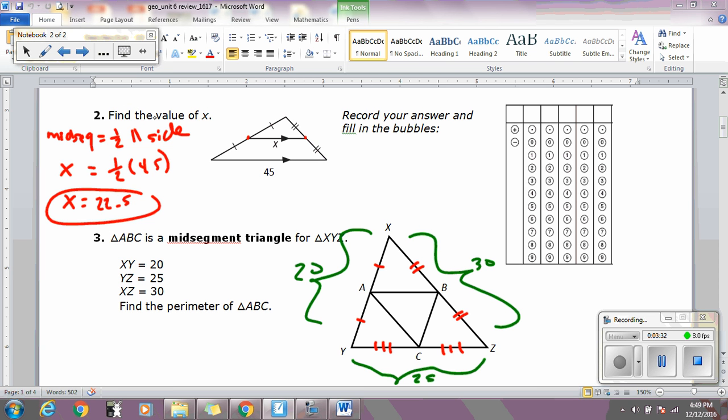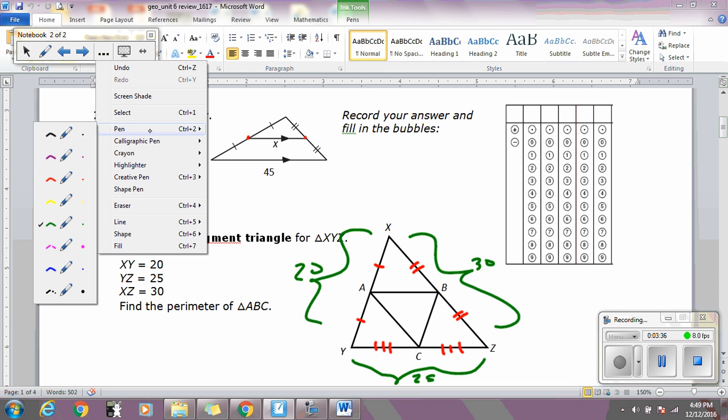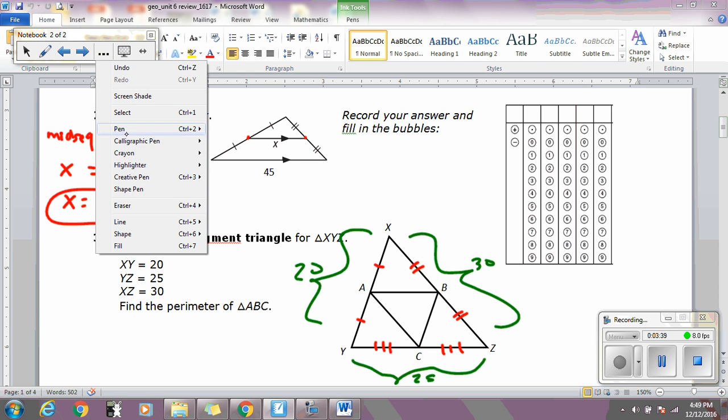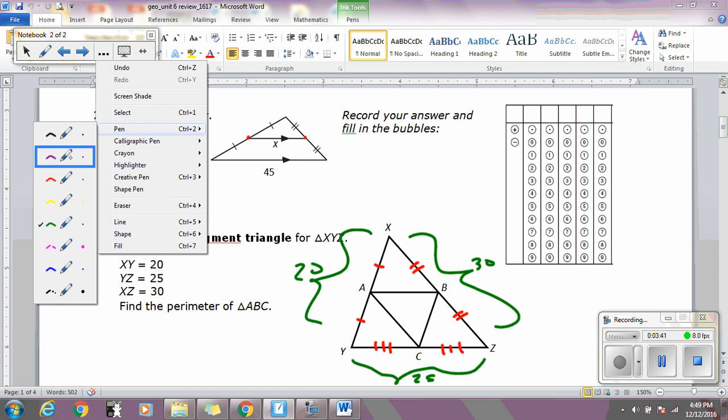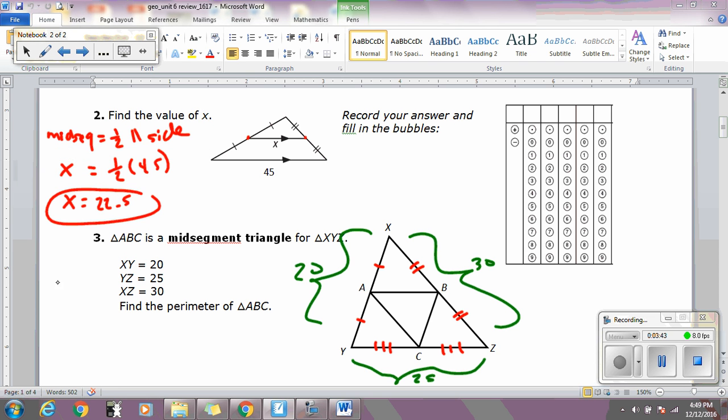It wants us to find the perimeter of ABC. To find the perimeter, I would first find AB. AB is a mid-segment, and it's going to equal 1/2 of the parallel side, which is YZ.